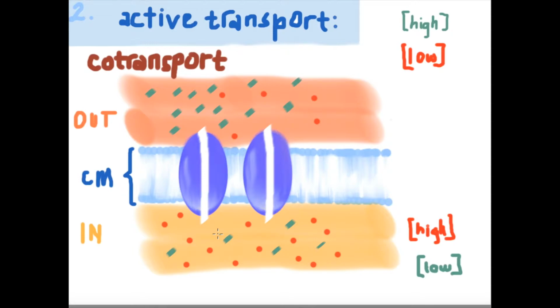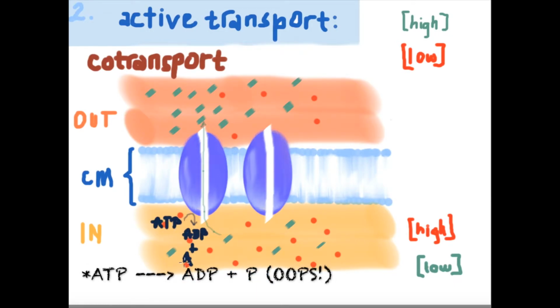But in this example, the green molecule is actually going to go through the uniport from a low concentration to a high concentration, and because this is going against the concentration gradient, against the natural course, it's going to require ATP. And what this actually does is it builds up energy.